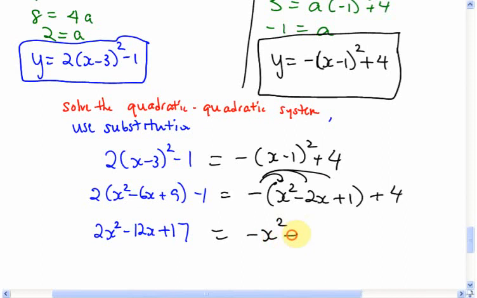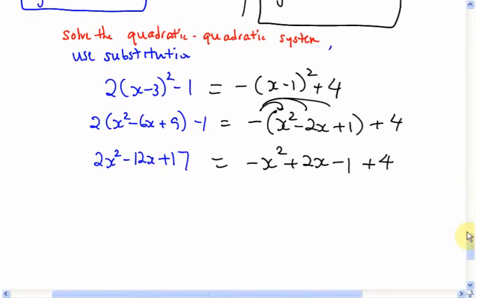So just make sure you do things carefully and properly, and life will be good. We're going to group all the terms together on one side. I'm going to move everything to the right hand side so we get a positive 3x squared. I see you're going to have a minus 14x. 17 plus 1 is 18, minus 4 is 14.